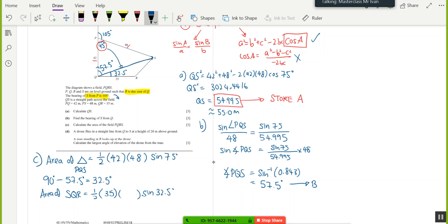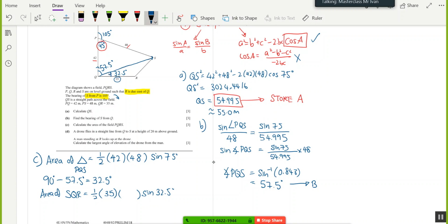Jerome, what is the missing length that is here? You know half AB sine C, right? So I use this length, this angle. What is the other length I must use? QS.